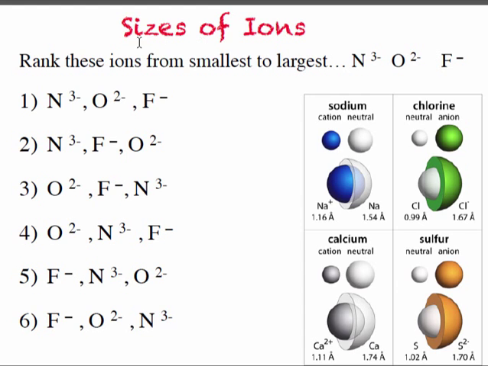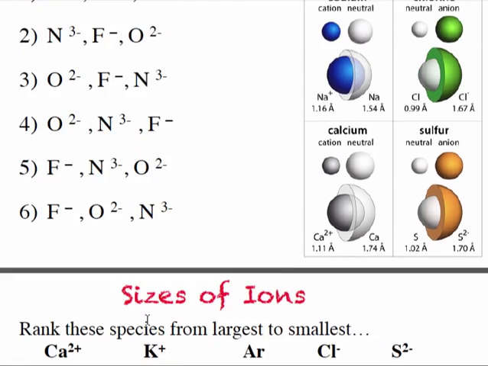We're supposed to rank these from smallest to largest. So fluorine's the smallest, followed by the oxide. It has 8 protons in the nucleus, 10 electrons, 7 protons, 10 electrons. So as I go from fluorine, oxygen to nitrogen, fluoride, oxide, nitride, they would get larger because the protons in the nucleus can't pull the nitride into as small of a sphere as the fluoride.